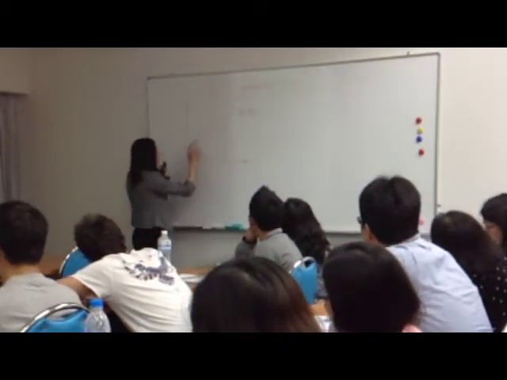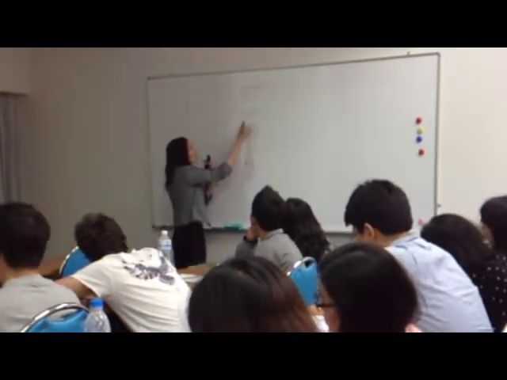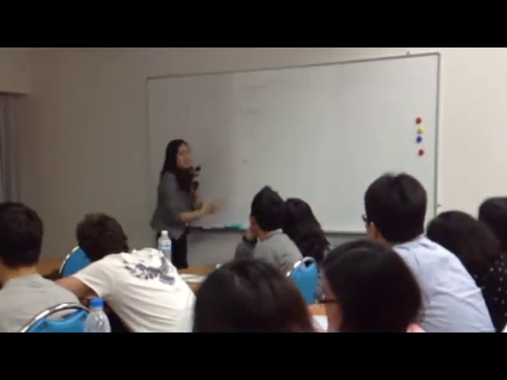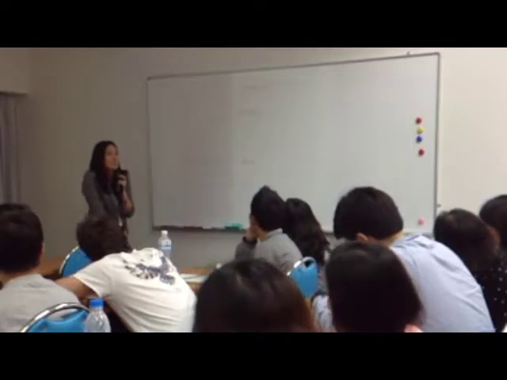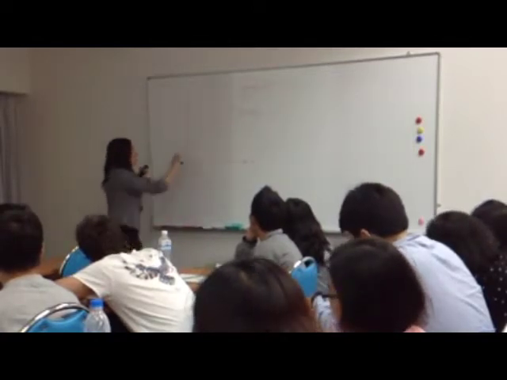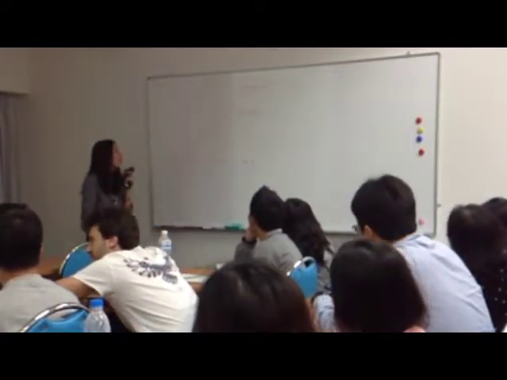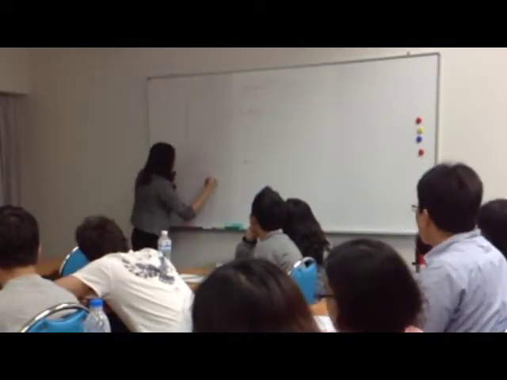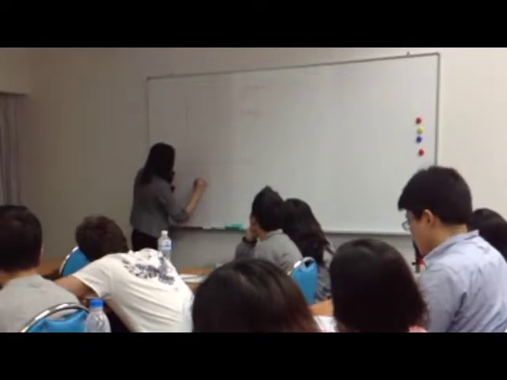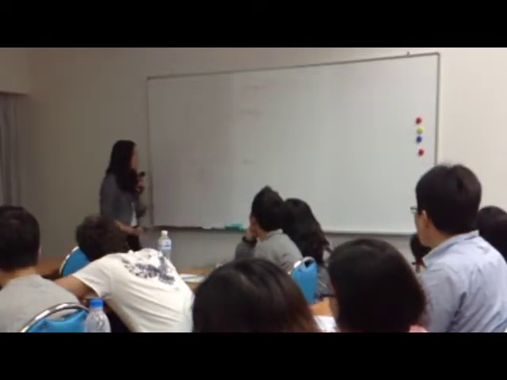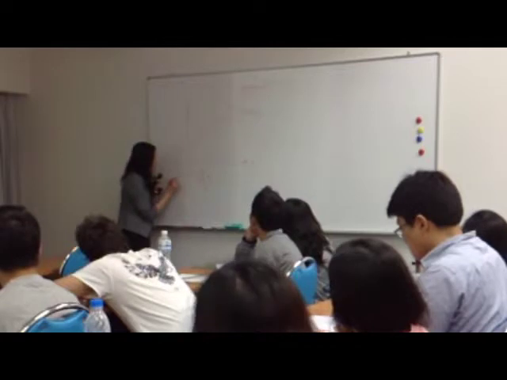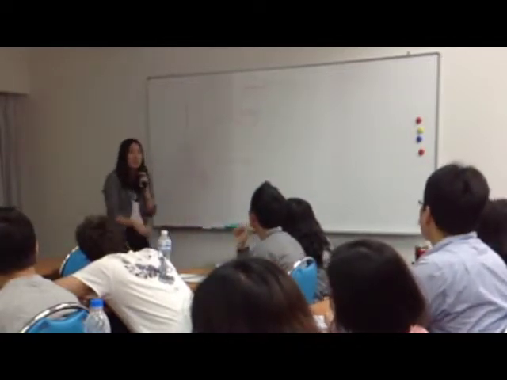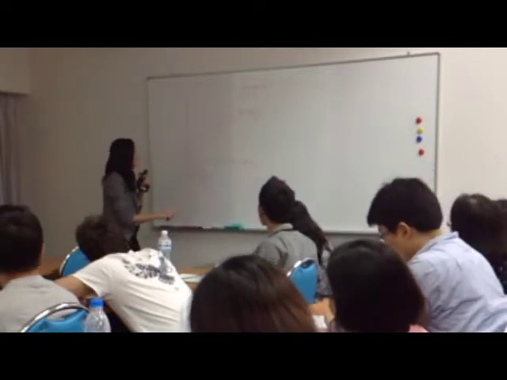But in the simple linear equation, we assume that x and y have a linear relationship. That's why we draw this line. But if we talk about only y bar, which is the summation of yi over n, when we calculate y bar it has nothing to do with x. You don't care about x at all.